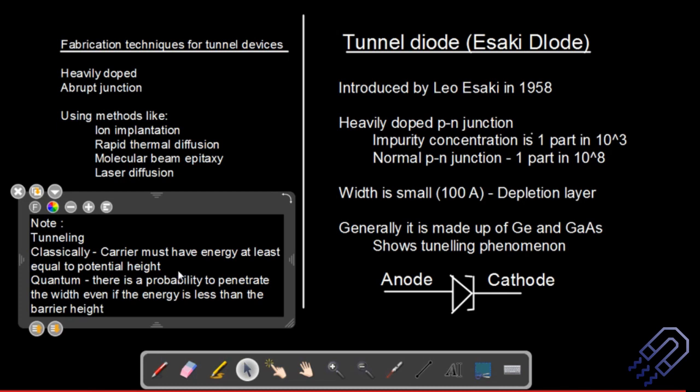So let's concentrate on this term, barrier height. That is important. If you don't know the barrier height, it becomes a difficult task. Why is tunneling such an important phenomenon? As I told you at the beginning, the electron can contribute to the current even without being given enough voltage.